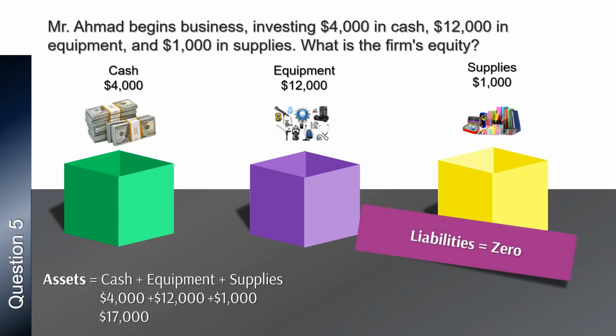Since there are no liabilities in this scenario, all of these assets are entirely financed by the owner's investment, meaning the assets equal the equity. Therefore, the equity of the firm is $17,000, as it directly corresponds to the total value of Mr. Ahmed's investment in the business.